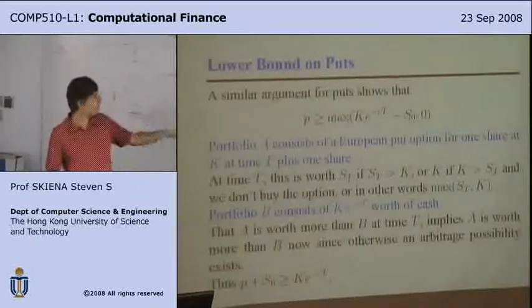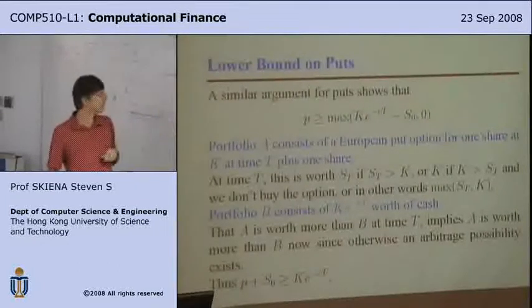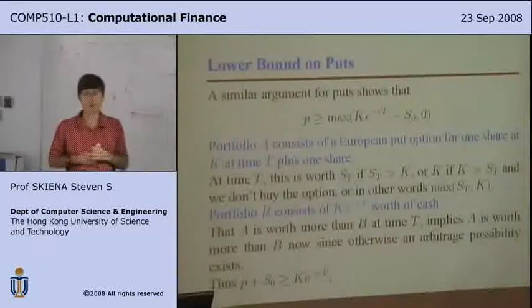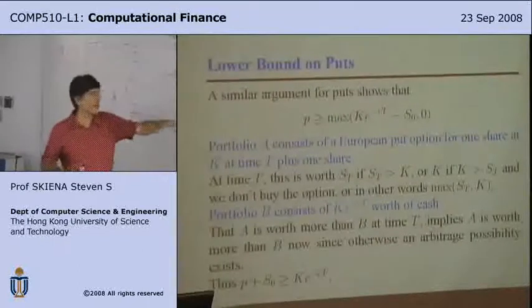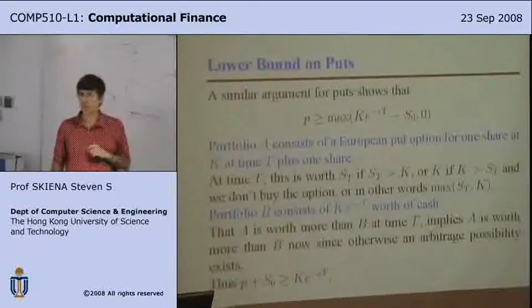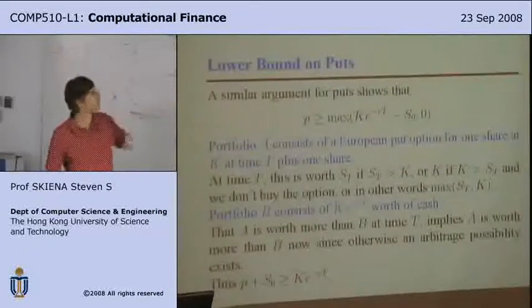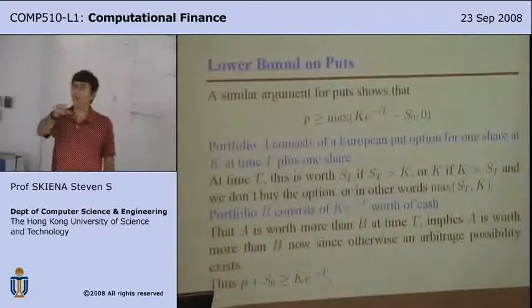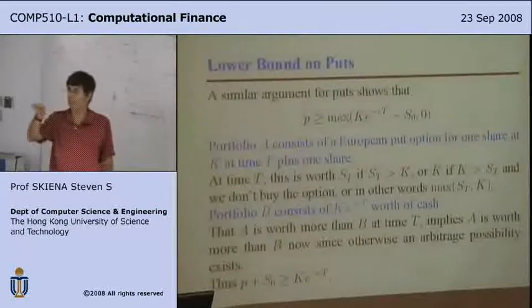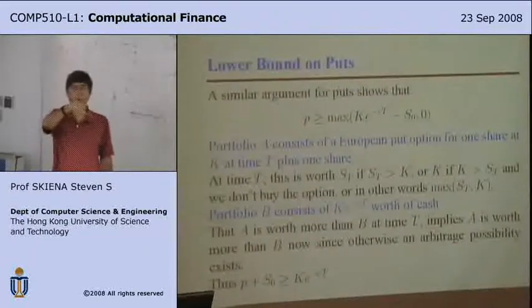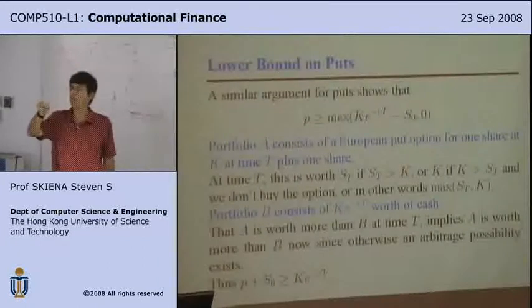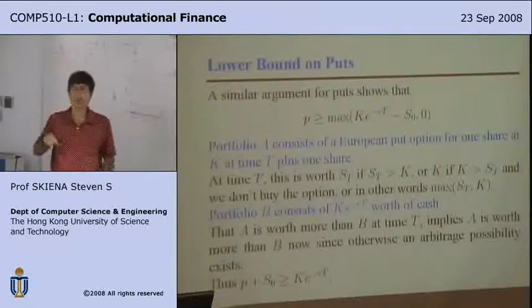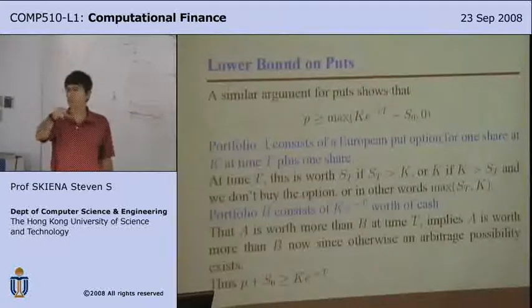So we know that the put plus the share of stock has to be greater than or equal to that amount of cash put in the bank. And rearranging it, we get the argument up there that shows what the value of a put is. Any questions about that? So we do get some kind of bounds here as to what calls and puts are. Any questions?